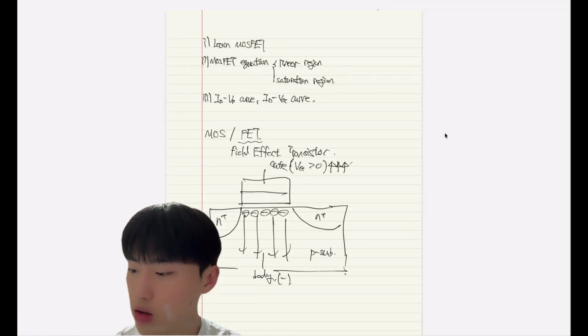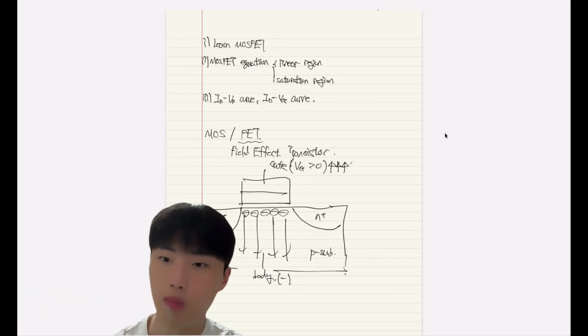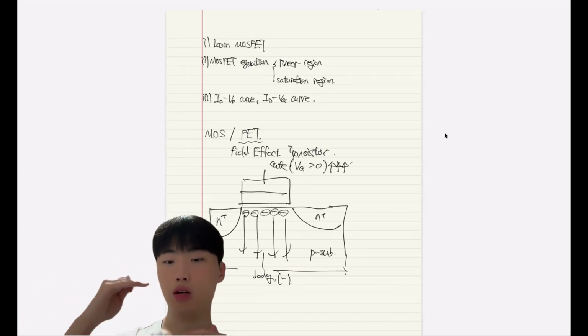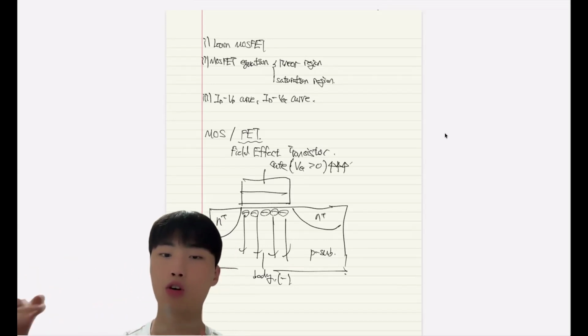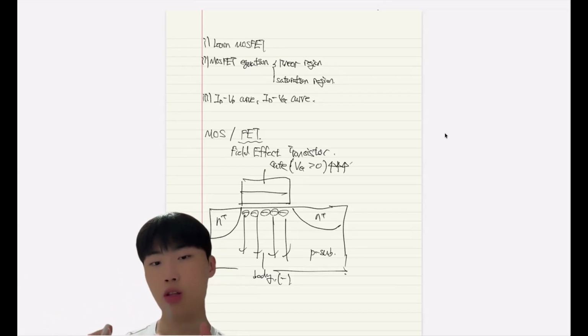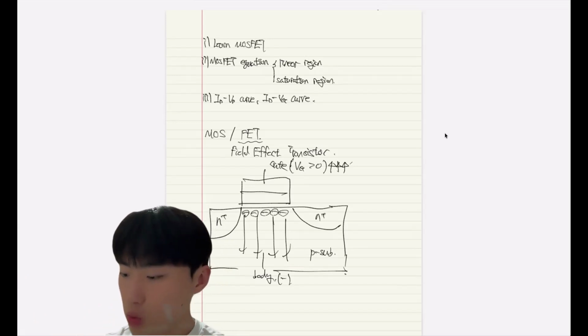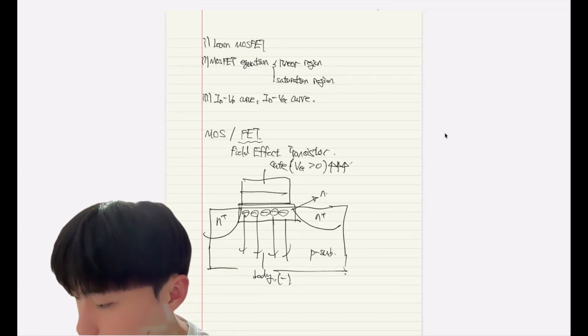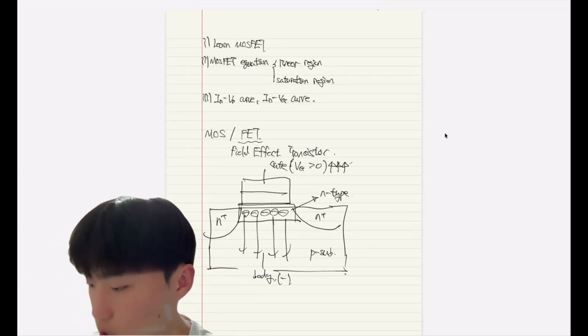As we increase the gate bias on the positive side, electrons get accumulated, and when there is strong inversion, this part will act like an N-type semiconductor.